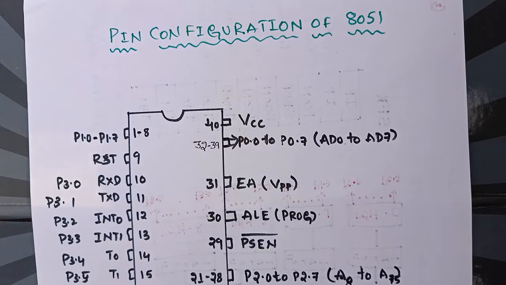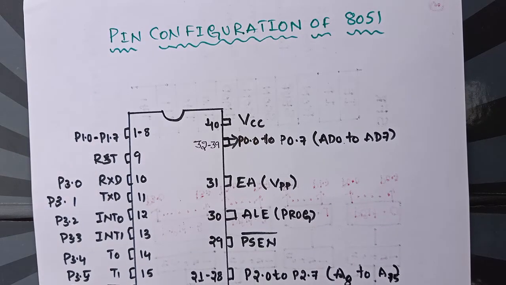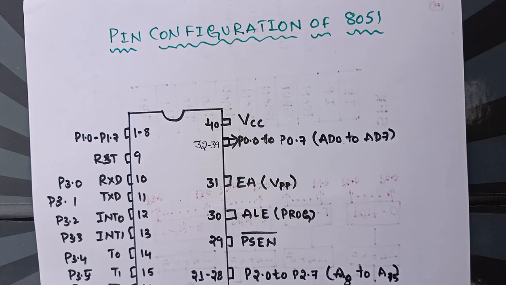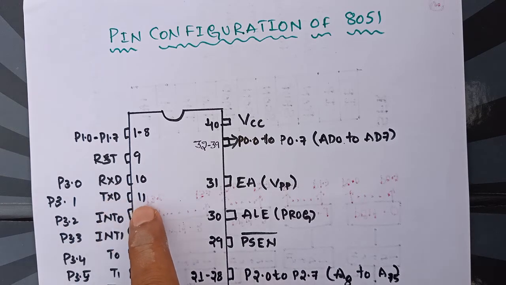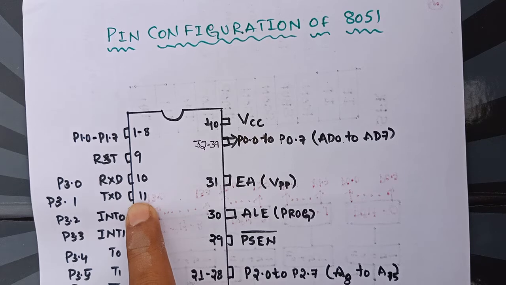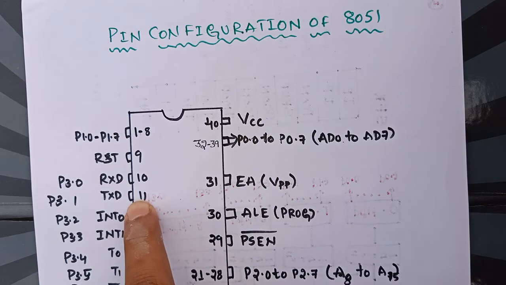Pin numbers 19 and 18 are used for the oscillator input to the 8051. Port 3, that is P3.0 to P3.7, has different functions. P3.0 and P3.1 are used for serial communication, that is RxD and TxD.